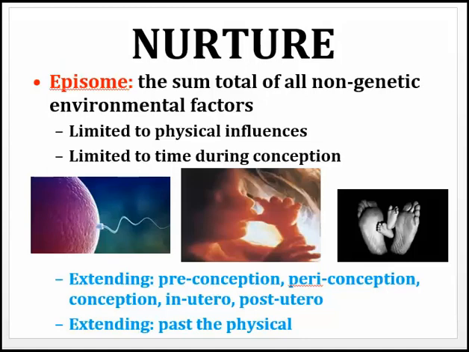We want to extend the time period from preconception, meaning before conception, peri, which is around, so the status of mom and dad around the time of conception, conception itself, in utero, and then post utero, childhood, adolescence, and adulthood.